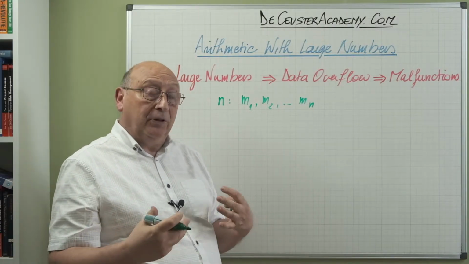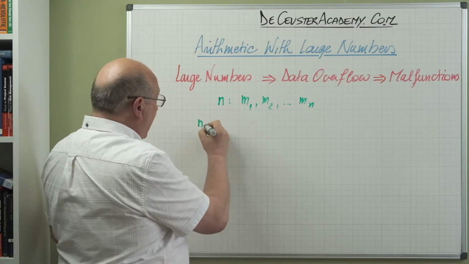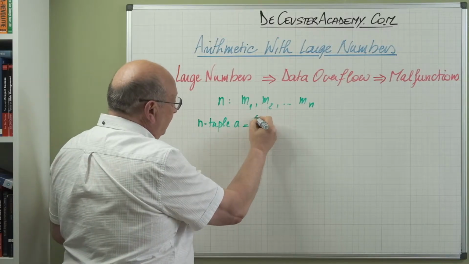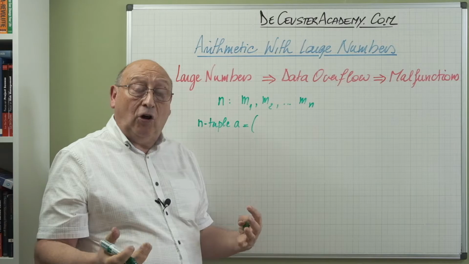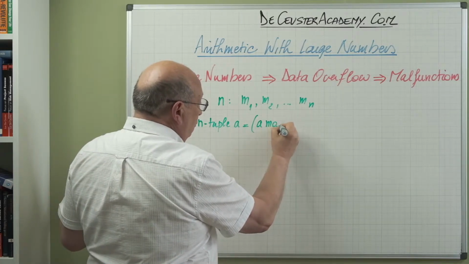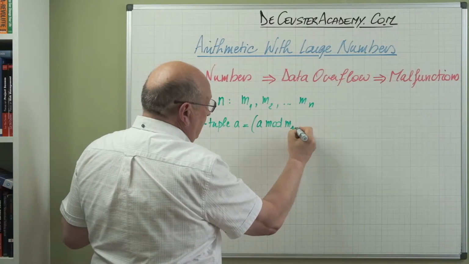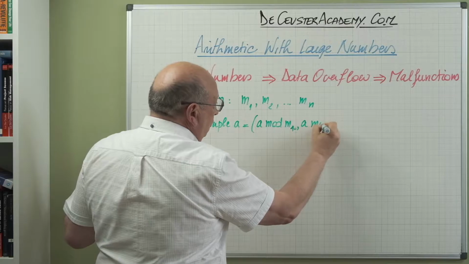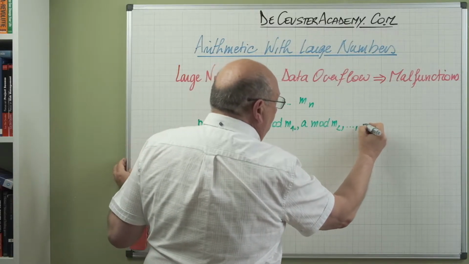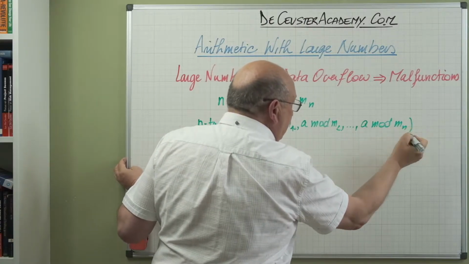And an n-tuple that we're going to use, for example, for the numbers a and b, the n-tuple for a is in fact a list of numbers which are a modulus m1, a modulus m2 up to a modulus mn.